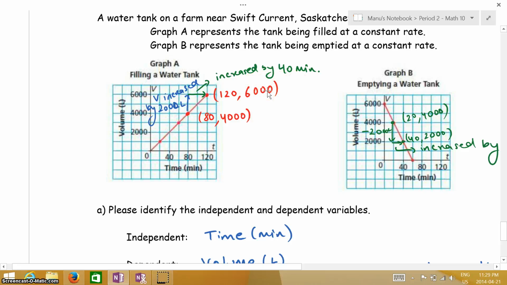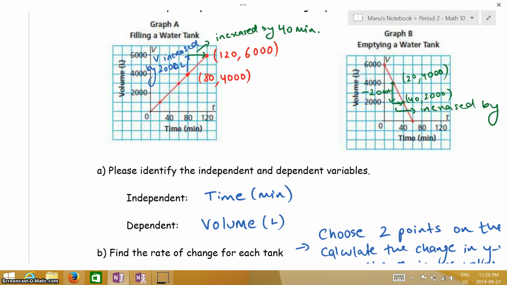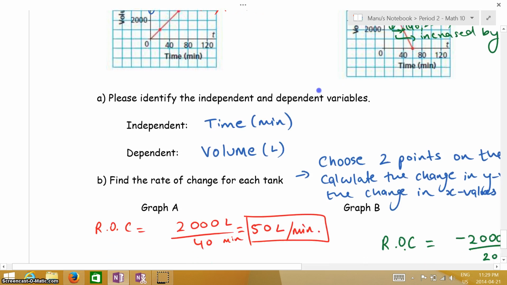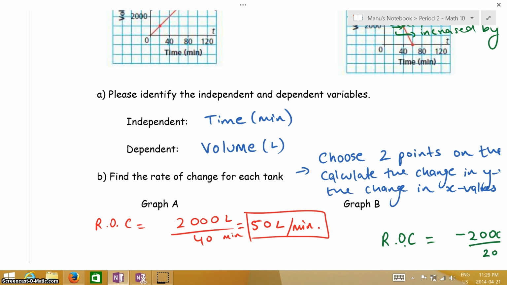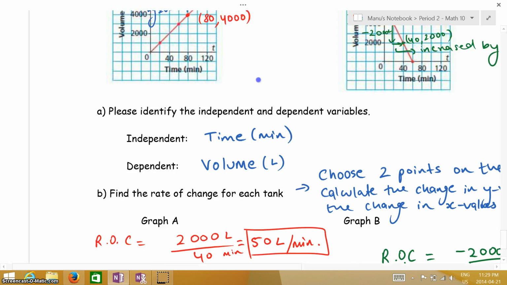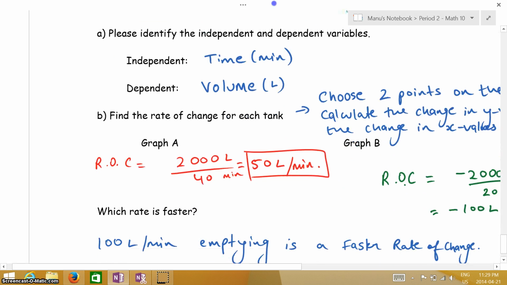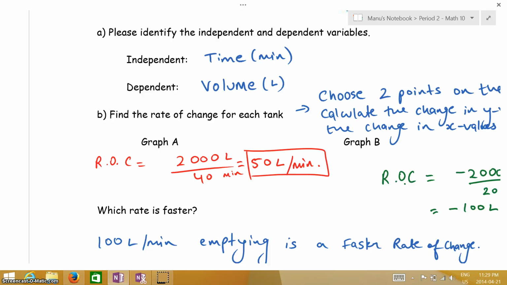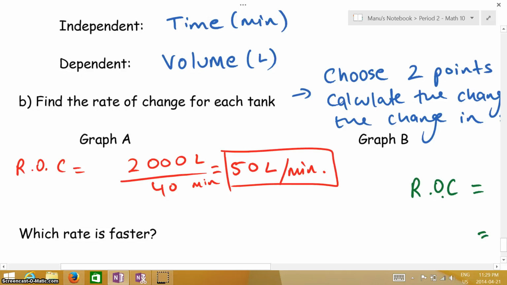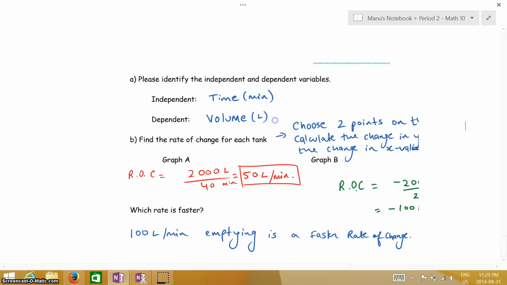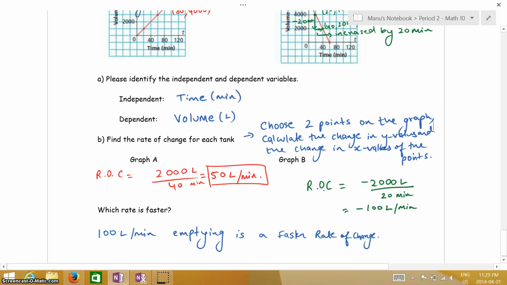As a result, the rate of change would be 2,000 liters divided by 40 minutes. The rate of change we have is 40 liters per minute. Sorry, 50 liters per minute.